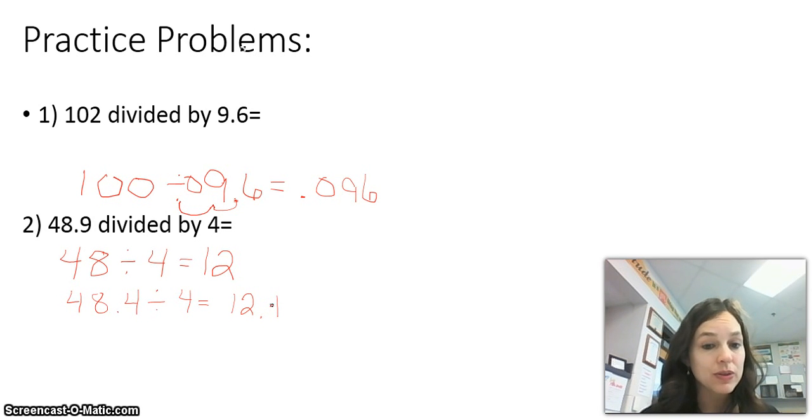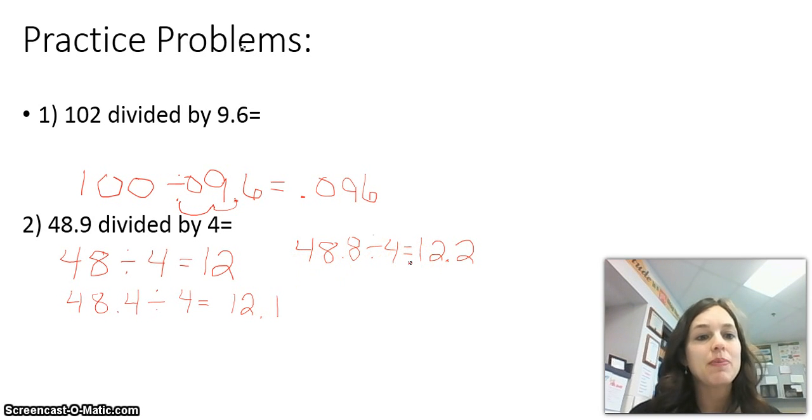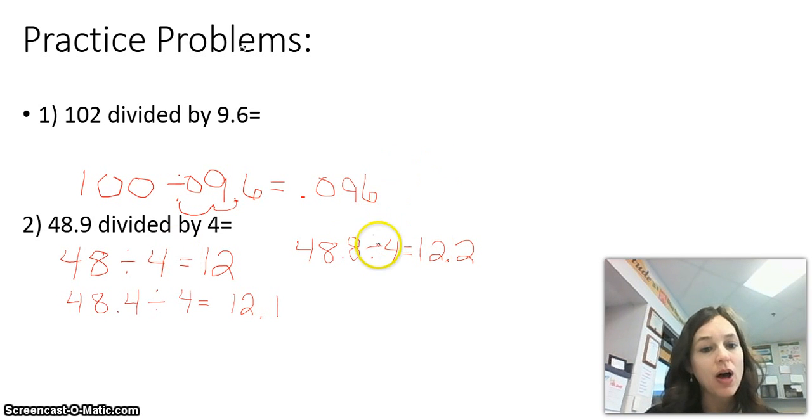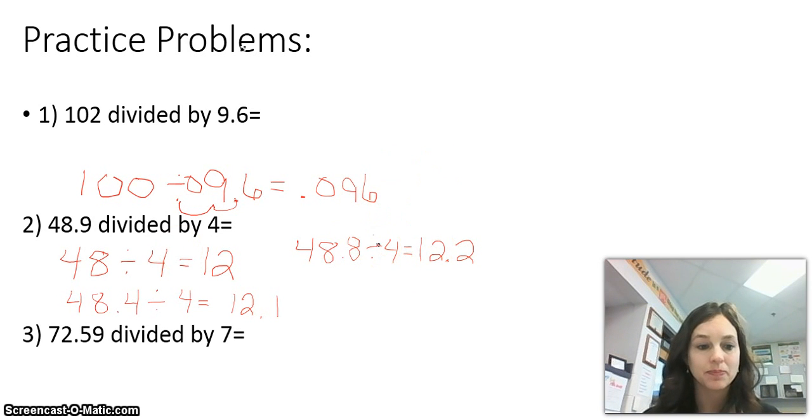We could get even closer, actually, and do 48 and 8/10 divided by 4 and get 12.2, since 4 will go into 8 2 times and 4 will go into 4 once. So anyway, we're talking about estimating and using compatible numbers. So this would be the very closest way, but all of these ways would be correct.